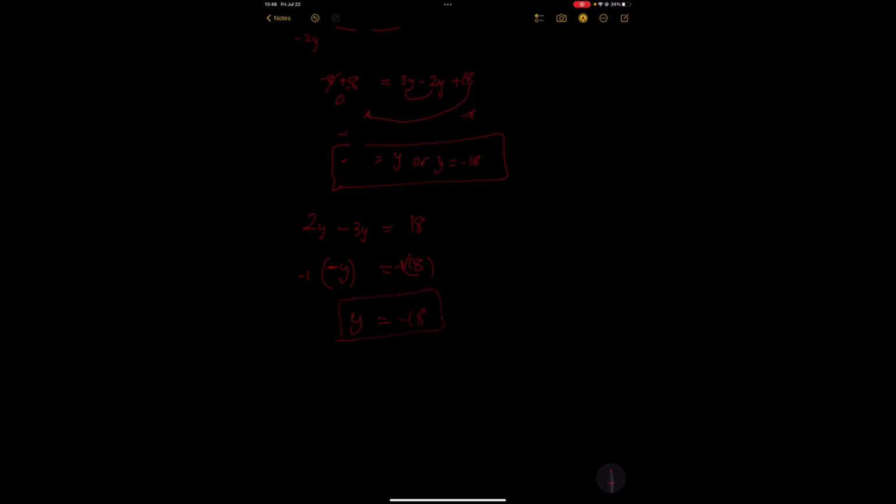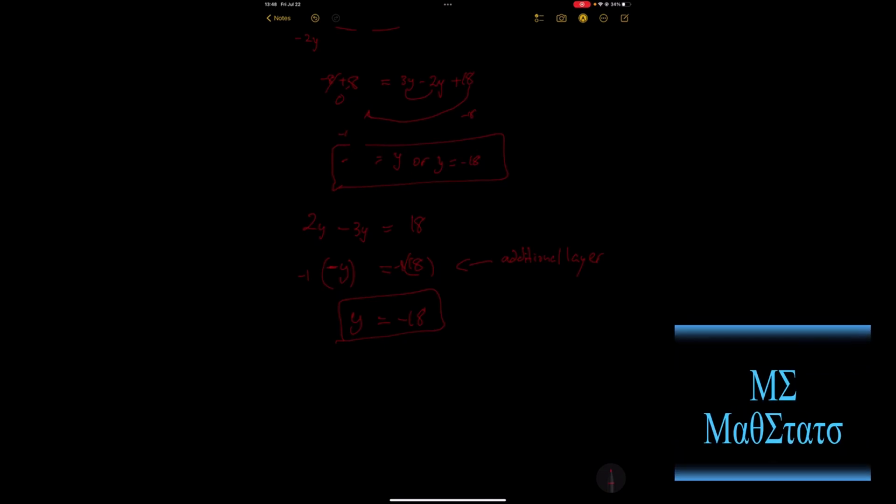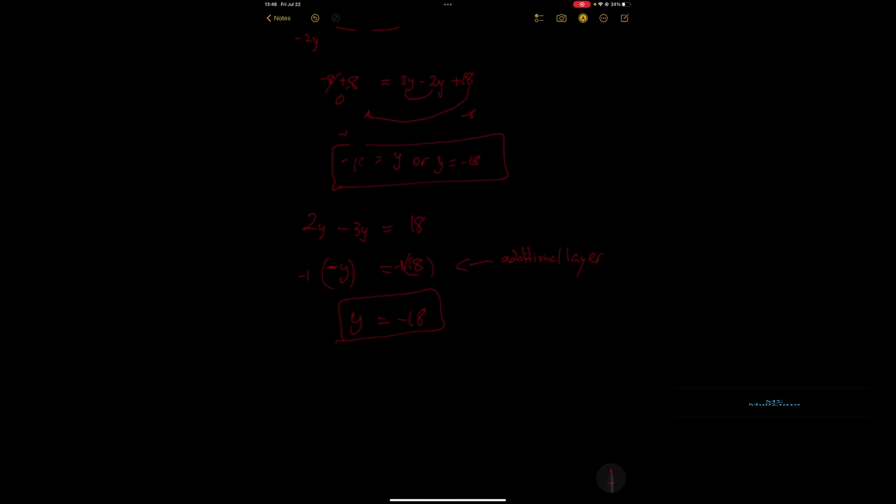So that's an additional layer which is unnecessary. I hope you understand what I just did, and why it is important to always find the easiest way to do math, because the easier you can make it, the better it is.